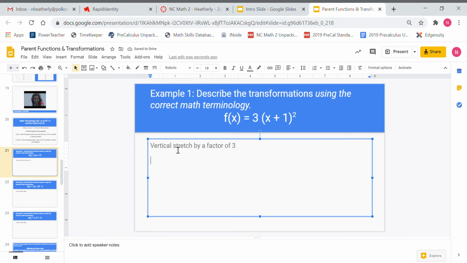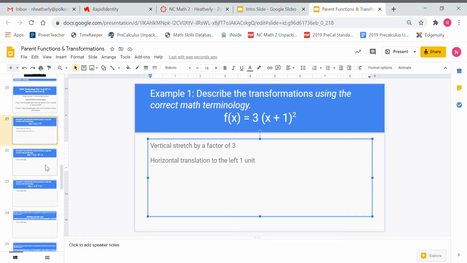Since there are parentheses, we've got a horizontal translation, and since it is addition, we've got a horizontal translation to the left 1 unit. Everything else, the x and the squared, tells us that it's a quadratic function, a parabola. And so those are all your transformations.